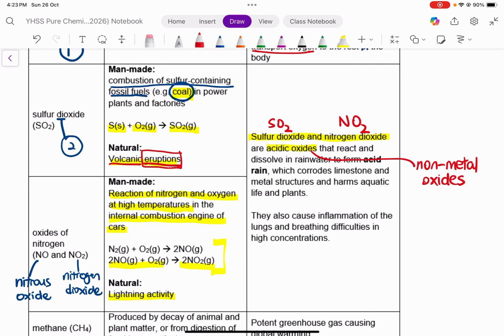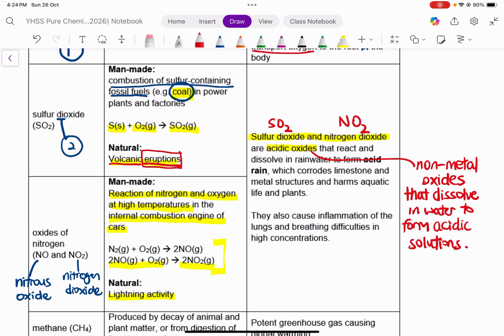Okay, so acidic oxides are non-metal oxides that can dissolve in water to form acidic solutions. So the solution formed after they dissolve in water has a pH value of less than 7. So sulfur dioxide and nitrogen dioxide, the dioxides, are acidic.